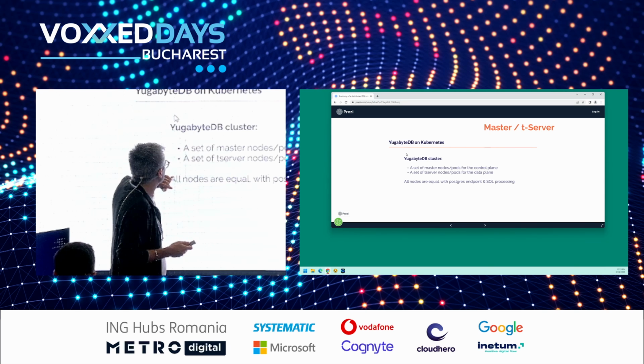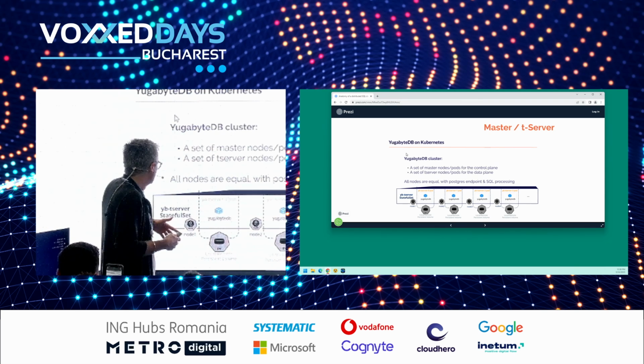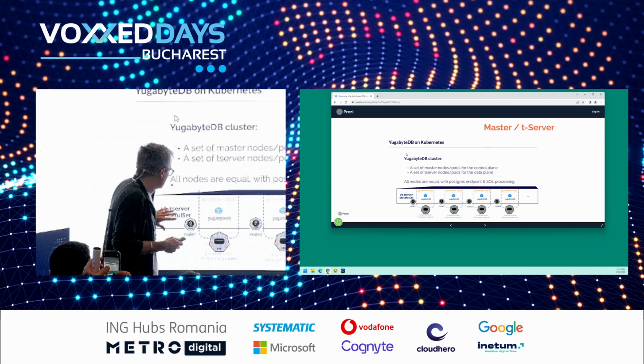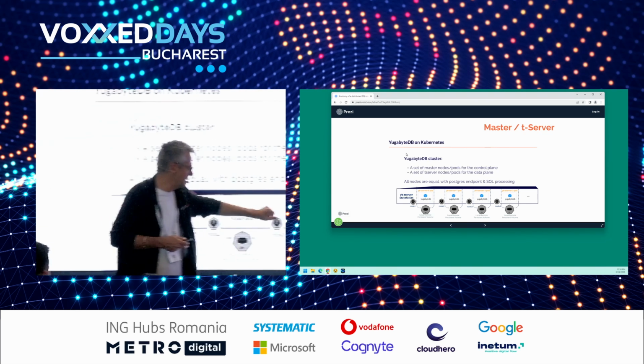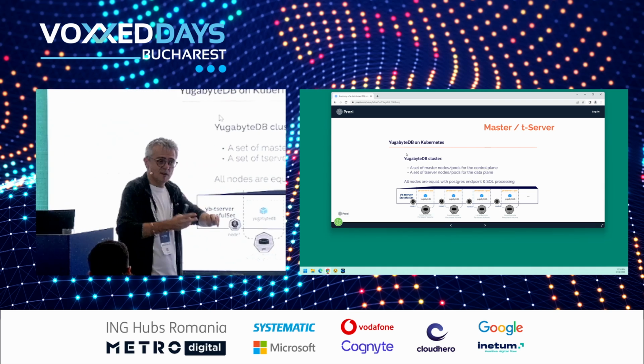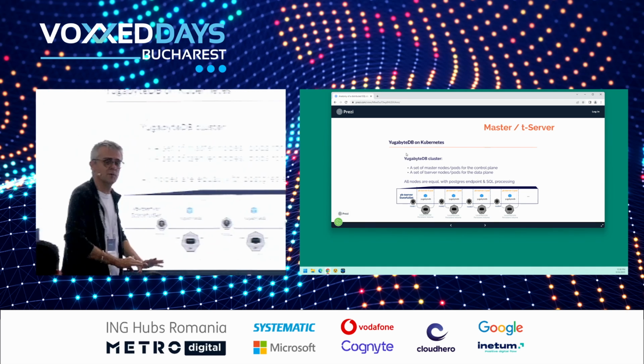I will just show an example if you deploy on Kubernetes. You have a stateful set for the tablet servers, the one that you can scale. The database distributes the data, so you don't need a shared storage.